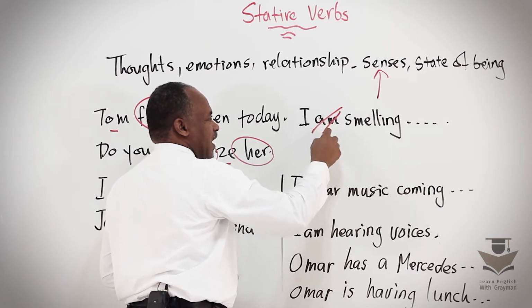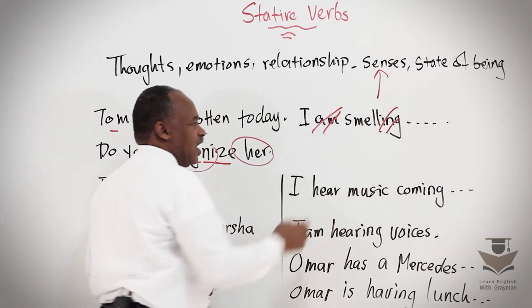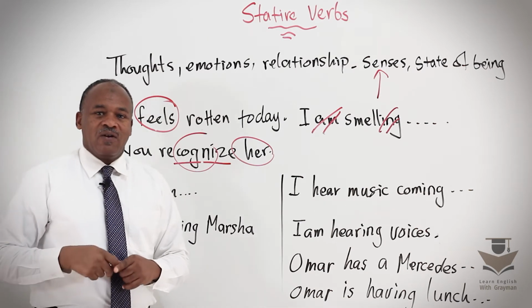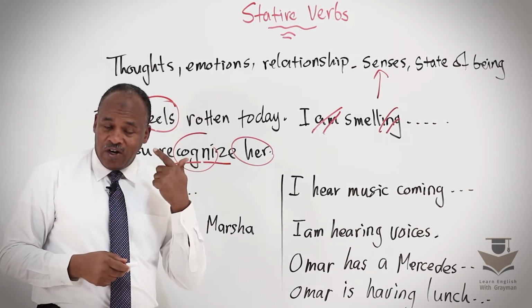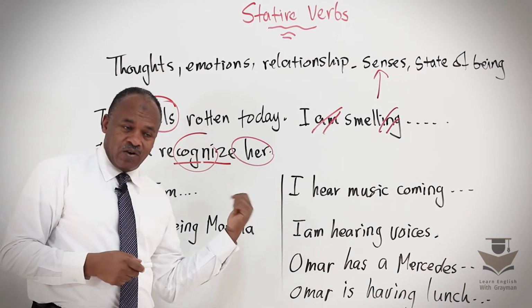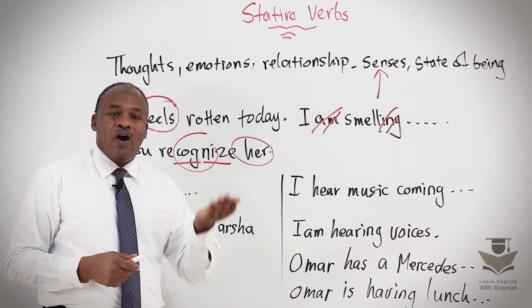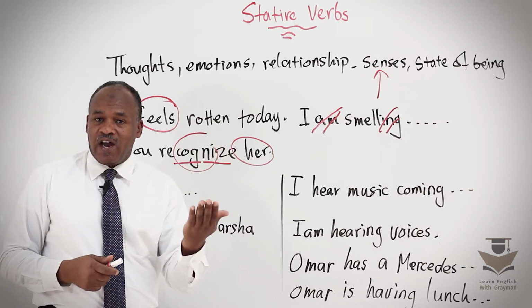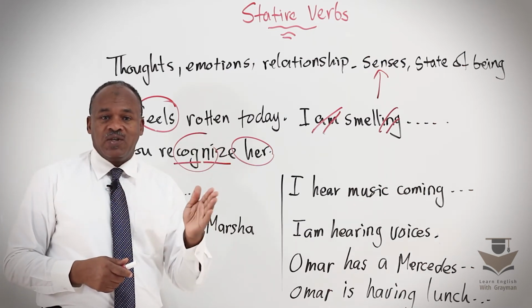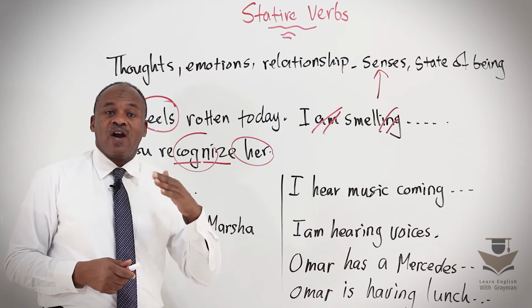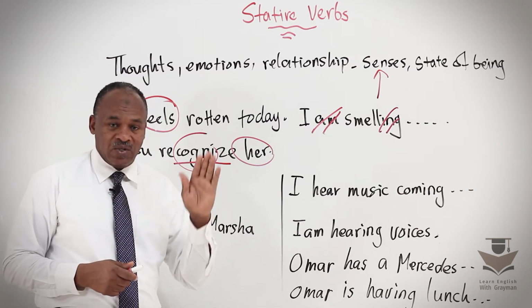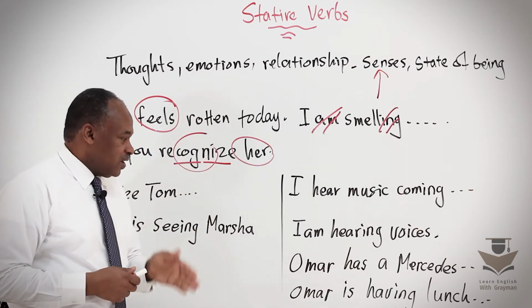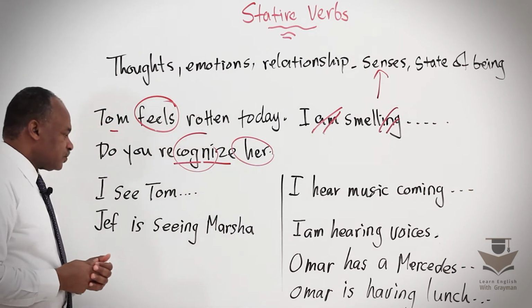So we don't use ing, we say I smell. Also we say I hear, I see, I understand, I recognize. We don't say I'm recognizing, I'm understanding, or I'm smelling. We say I smell, I see, I understand, I recognize.